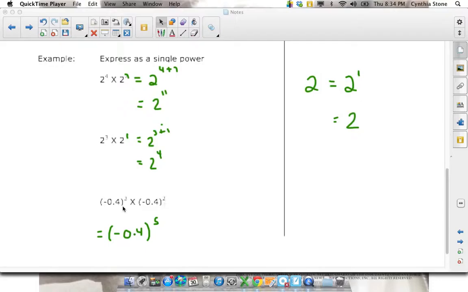It doesn't change anything. This time our base is minus 0.4, to the 3, I hope yours is easier to read than this, and times minus 0.4 to the exponent 2. And so without all the steps, you start to realize it's an easy pattern. 3 and 2, and you have to add them. So you get 5. Okay? So 3 plus 2.